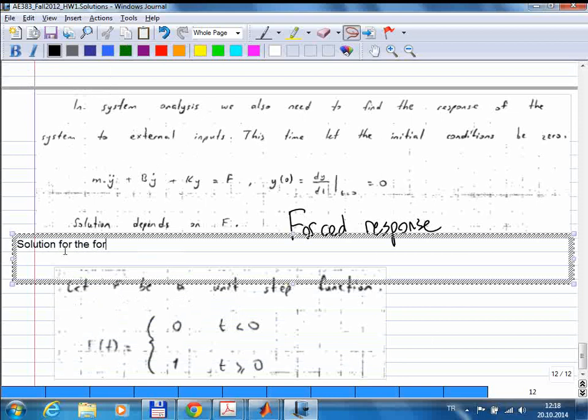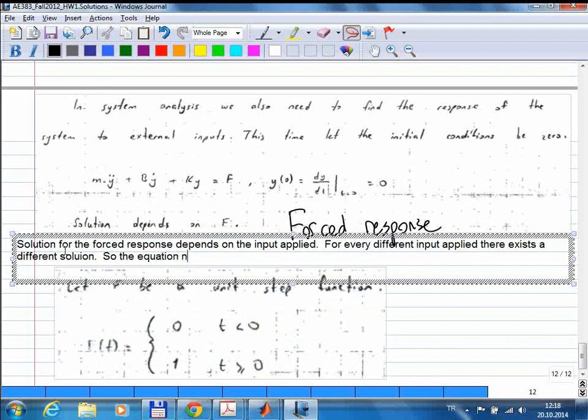The solution for the forced response depends on the input applied. For every different input applied, there exists a different solution. So the equation needs to be solved again every time the input changes.